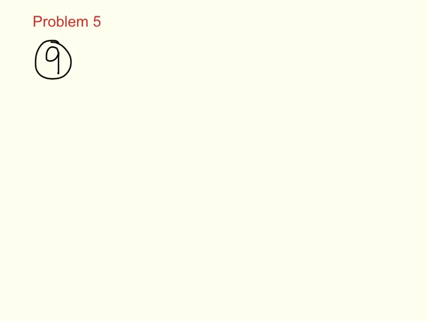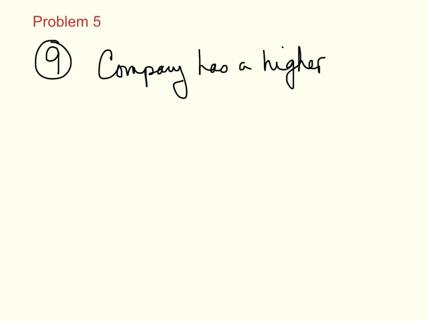So which one, if you took the average of all of them, which one would be the higher mean? Well, you could say Company B has a higher mean, and if I asked you why, you would say because it has more earnings that are a bigger number than Company A.